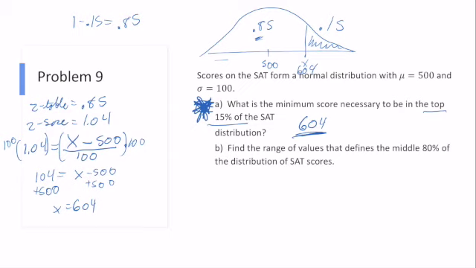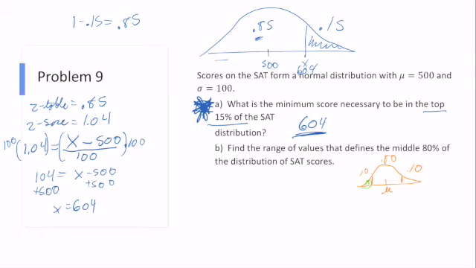Next, I want to find the range of values necessary to be in the middle 80%. We'll do a quick sketch right here, right? So here's my mean that divides everything in half, and I want to find the middle 80%. So if the area in the middle is 0.8, that means I've got 0.10 in each of these tails. So I need to find the z-scores associated with the area of 0.10.